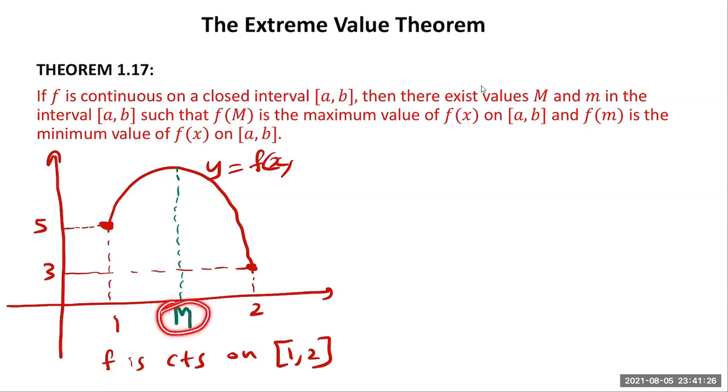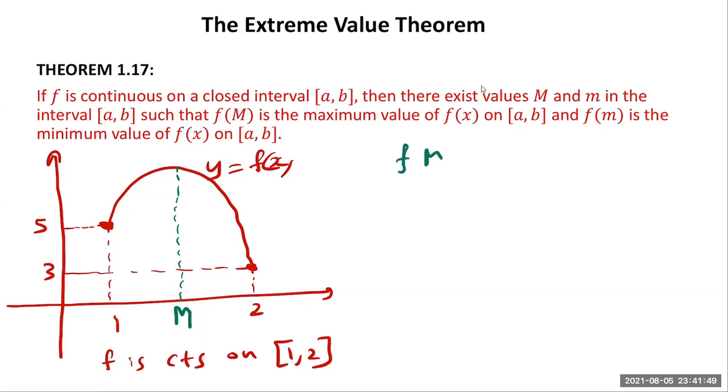Because at this point, your y value would be this height. This is the y value, and that is the biggest y value that you can have on the graph of your function, right? So clearly, such an uppercase M exists in this case. This is the candidate for your uppercase M.